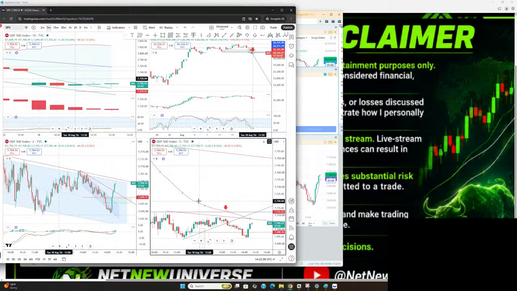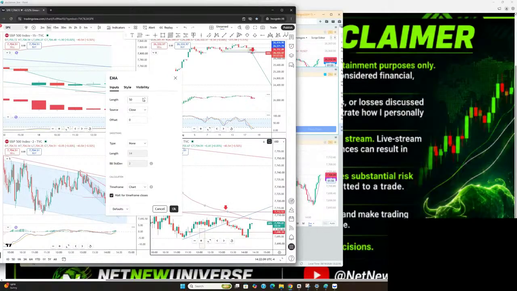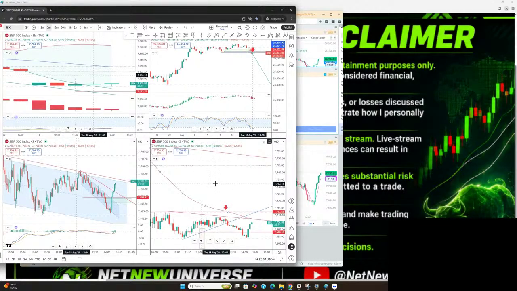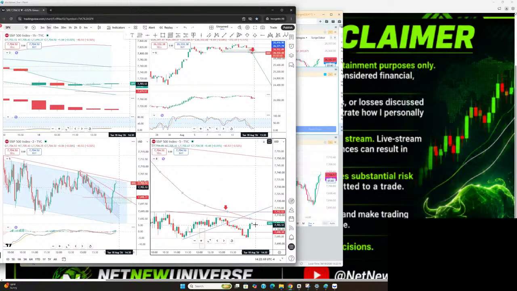What is this? Yeah, it is 50 EMA. Okay, I think we are getting there. Okay, I want this one to close like that, or similar pattern without red. Then we have a high chance of red candle.